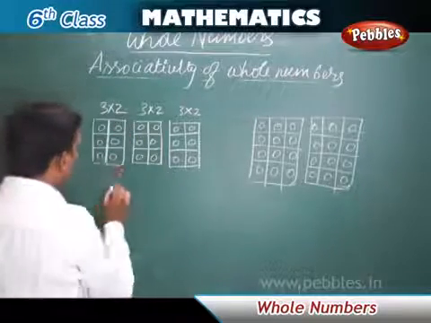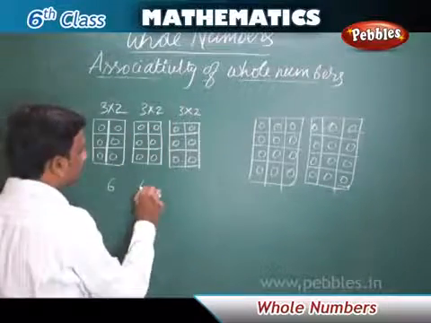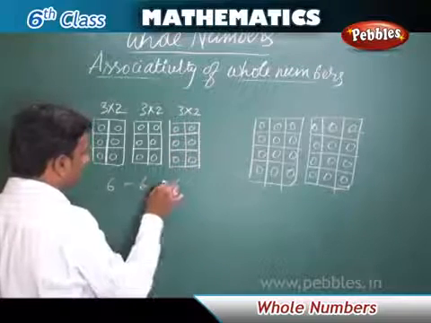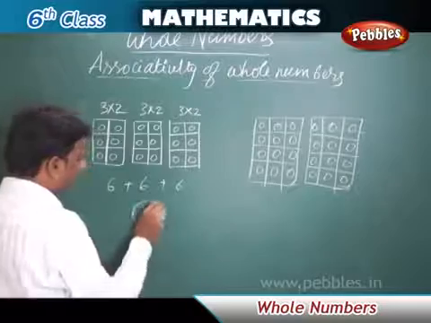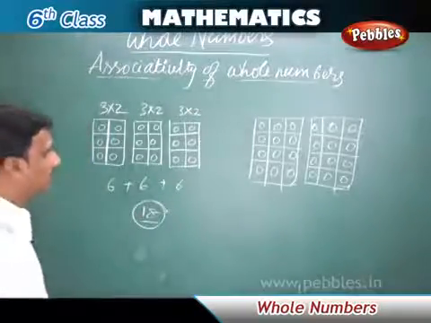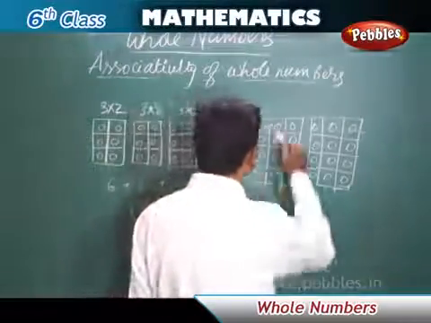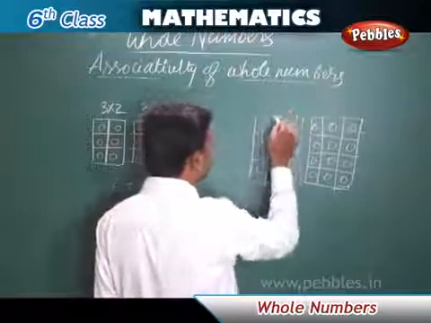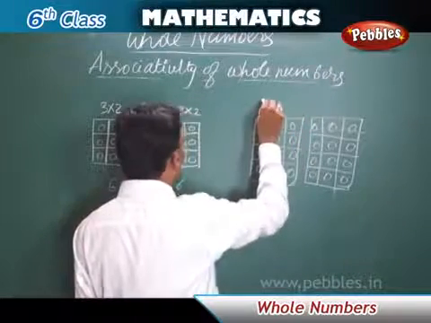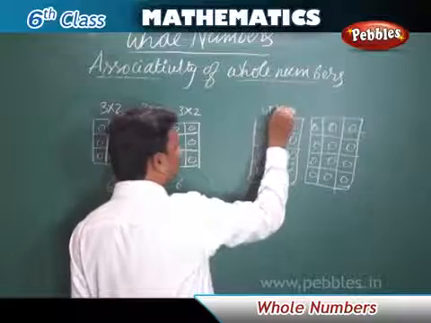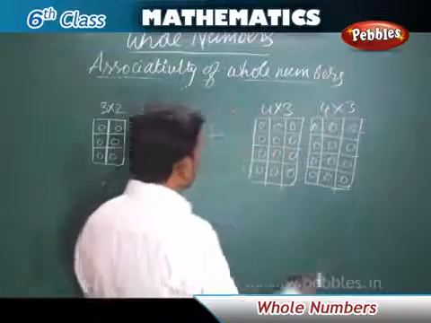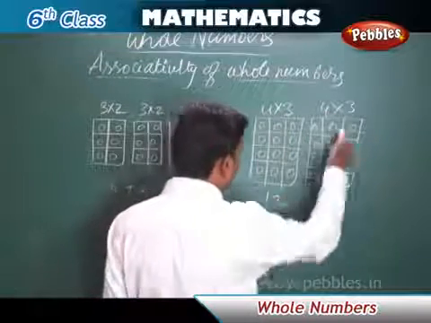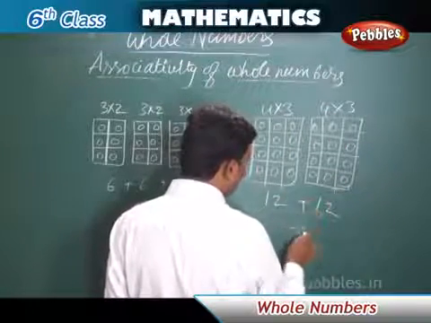So 3 twos 6, 3 twos 6, 3 twos 6, 6 plus 6, 12, plus 6, 18. Here, if you look, it is the same but in a different pattern, 3 columns, each 4. So we write 4 into 3 and 4 into 3. 4 threes 12, 4 threes 12. So 24.